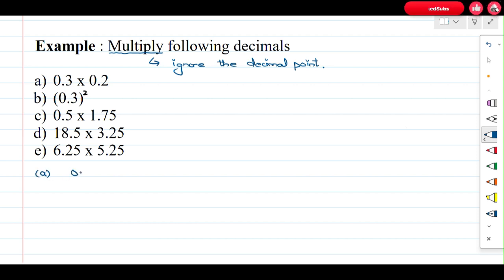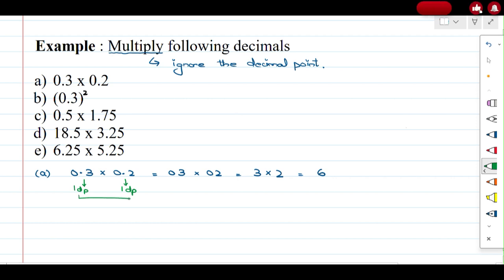Let me show you 0.3 multiplied by 0.2. We ignore the decimal point, so it is 3 times 2. 0.3 is basically 3 and 0.2 is basically 2, and 2 times 3 is just 6. Now this number has one decimal place, and this number has one decimal place.